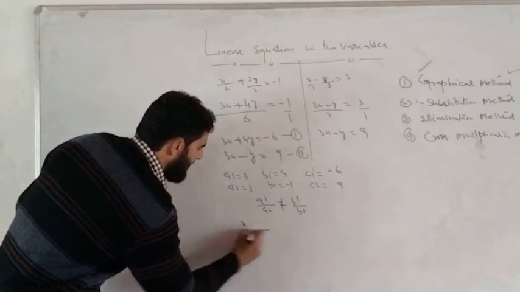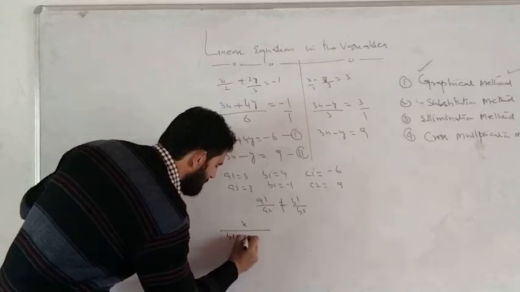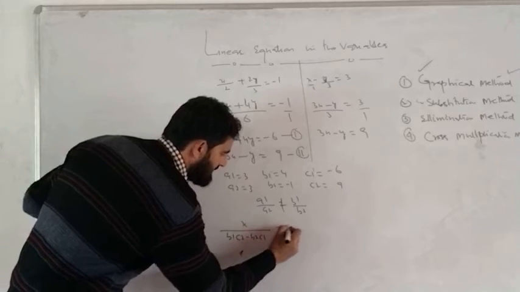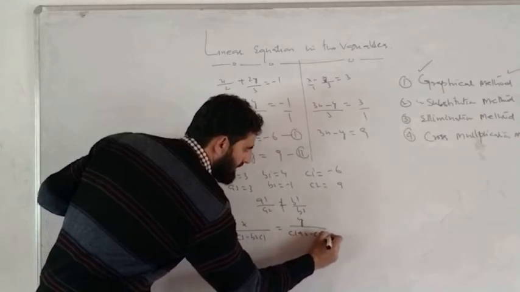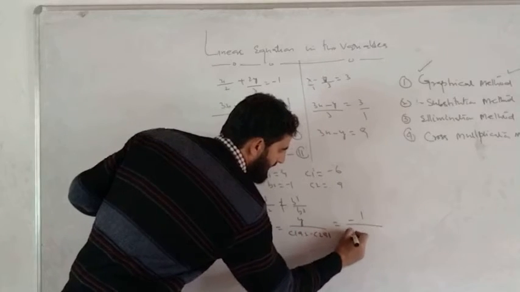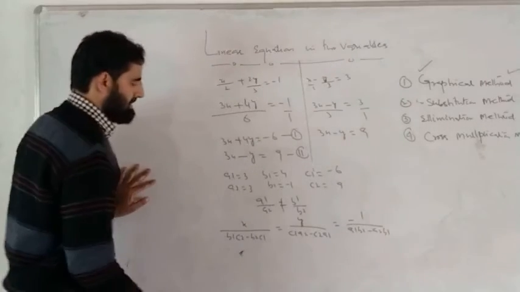Let's find it. x divided by b1 c2 minus b2 c1 is equivalent to y divided by c1 a2 minus c2 a1 is equal to minus 1 divided by a1 b2 minus a2 b1. This is the cross multiplication method.